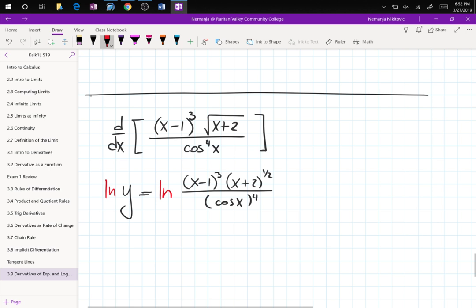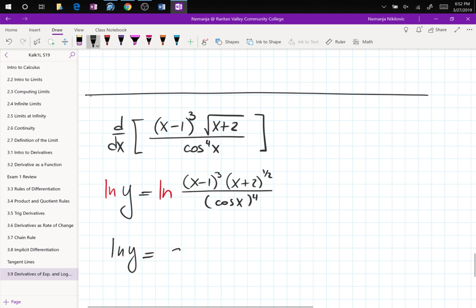So I have two sides, and I can hit both sides with ln. This is where the expansion formulas kick in for the right-hand side. Left-hand side is just ln y, so there's nothing there. The right-hand side, every exponent is going to go in front of ln. All of the function pieces that are in the numerator are positive. Every single one in the denominator is negative, because those are our formulas that we had before.